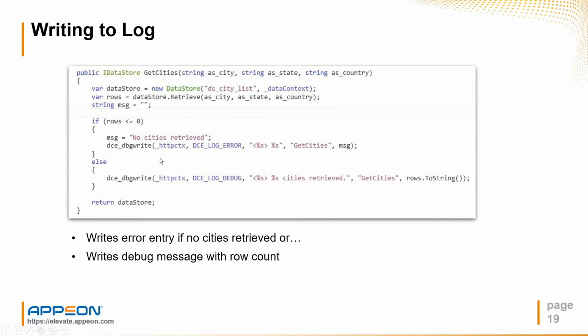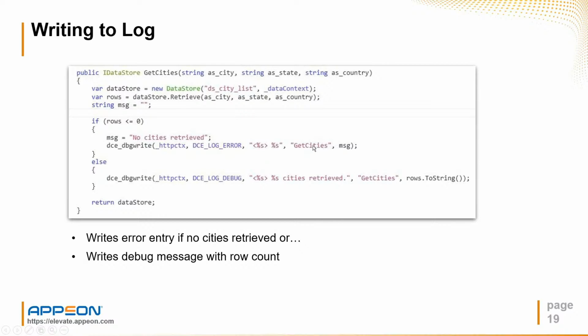You can see if no cities were retrieved, it's passing in the constant that it's an error. Not really an error in this case, but it's possibly not what the user expected anyway.